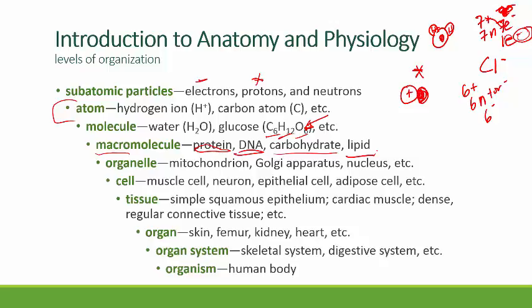So macromolecules are used to assemble organelles. And so I'm going to throw out some terms here, but you don't really have to know these until we get to Chapter 3 and start talking about the cell and cell biology. So mitochondria, these are the energy-producing components that are found inside of a cell that take glucose and run it through a series of chemical reactions with oxygen and other materials to break apart the glucose and to harvest the energy from it and put it into another molecule that can be used in the cell as an energy source.